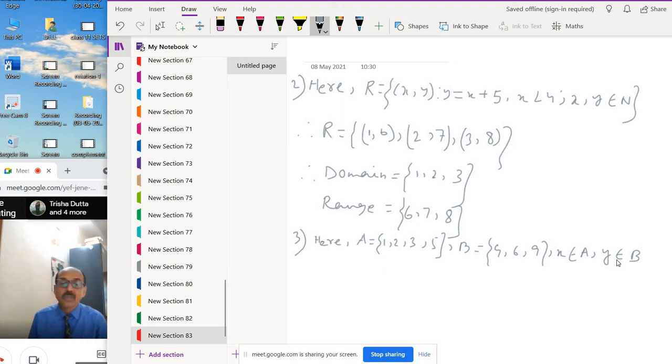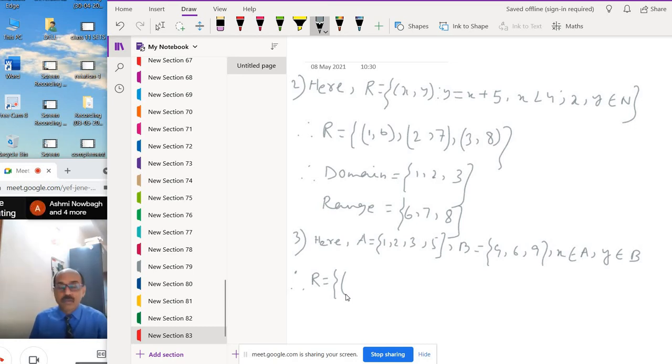So R equal to: first take the first set element 1.